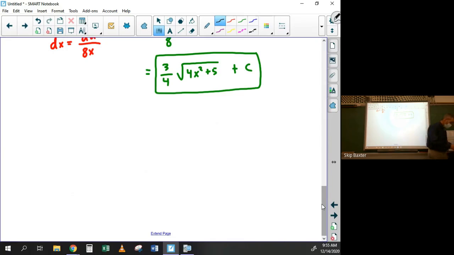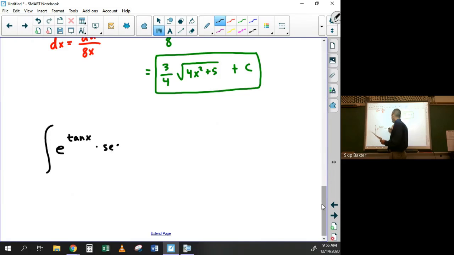How about this one? The integral of e to the tangent x times secant squared x.